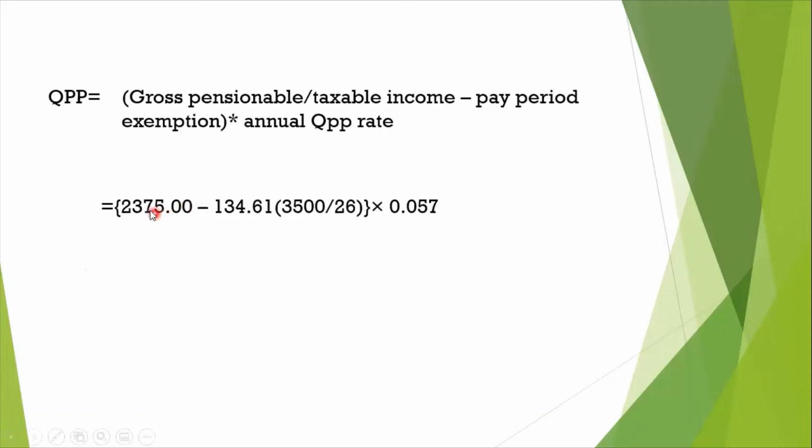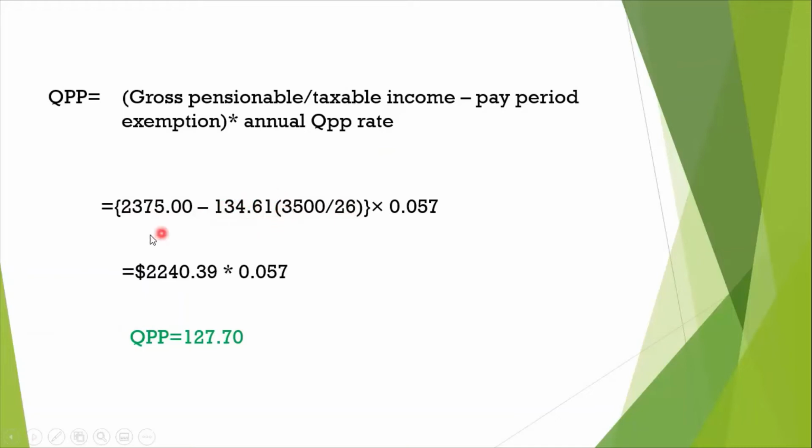So now we take the gross pensionable or taxable income minus 134.61. You get this amount by taking the basic exemption a year divided by the biweekly pay periods. The biweekly pay period is 26 a year, so when you divide that, you get this amount, which is 134.